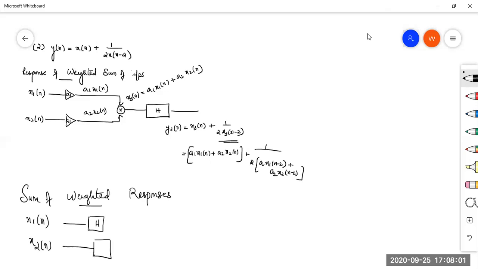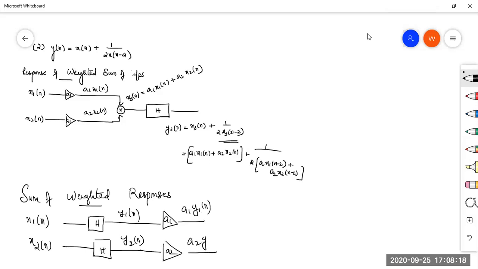When you pass them through the system, you will get y1 of n and y2 of n. Then we have to multiply with the constant a1, so this is a1 y1 of n. This is a2, so here it will be a2 y2 of n. Then we have to add them together.